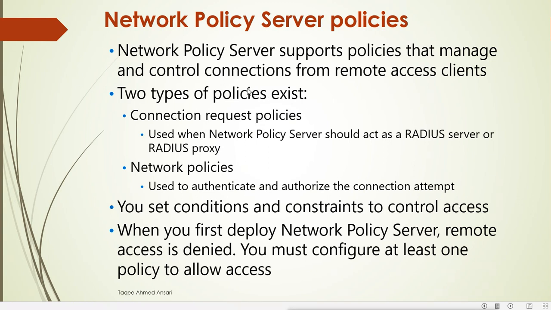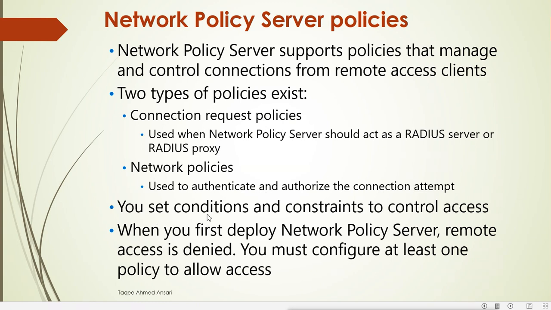Now network policy server supports the policies that manage and control the connections from remote access clients. Two types of policies exist there: connection request policies, which are used when the network policy server should act as a RADIUS server or RADIUS proxy. Then network policies, which are used to authenticate and authorize the connection attempt.